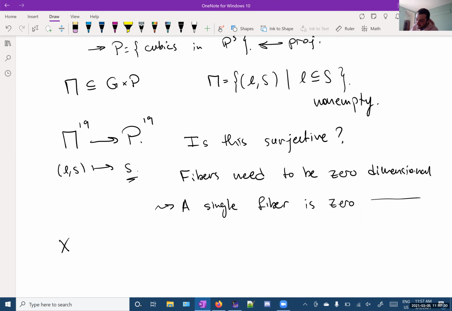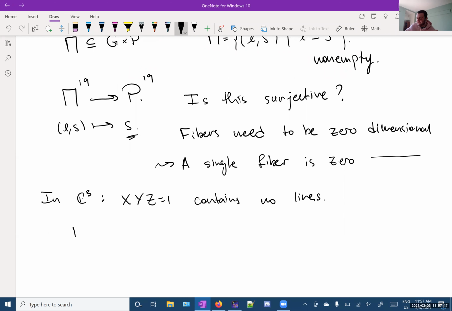So in C3, xyz equals 1 contains no lines. And then if we look at infinity, this amounts to setting xyz equals 0, which contains 3 lines.